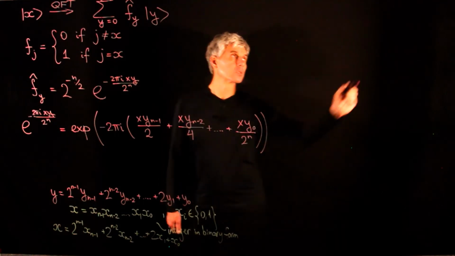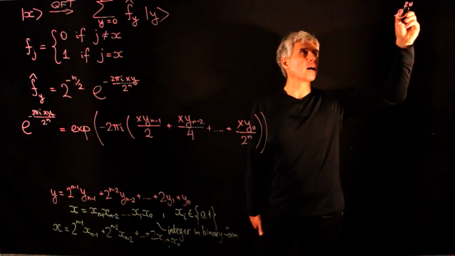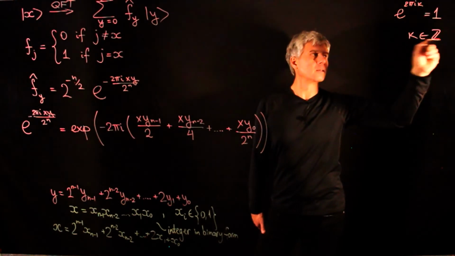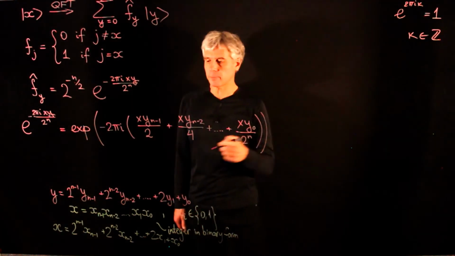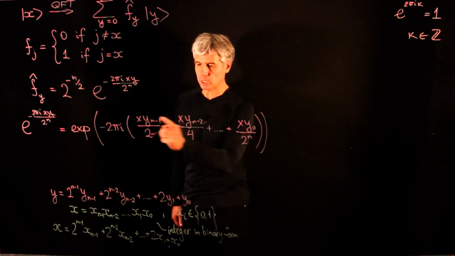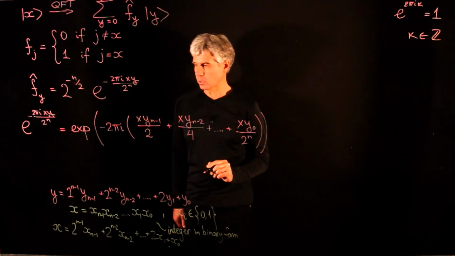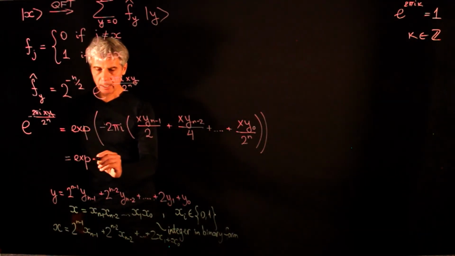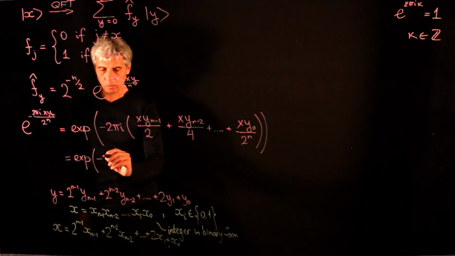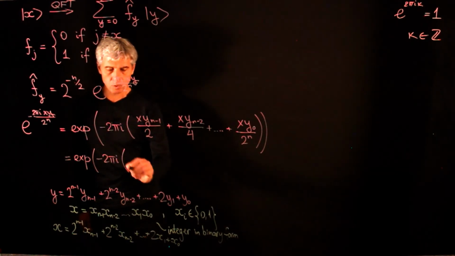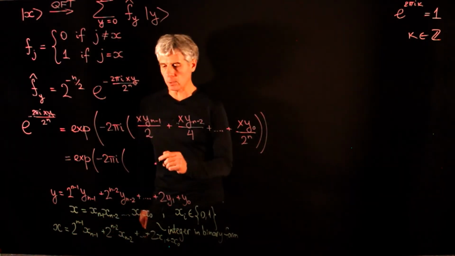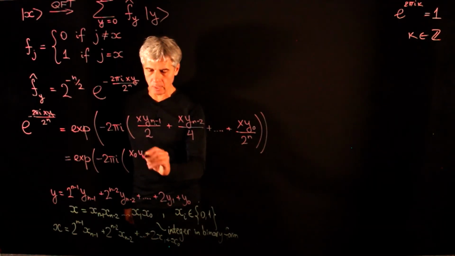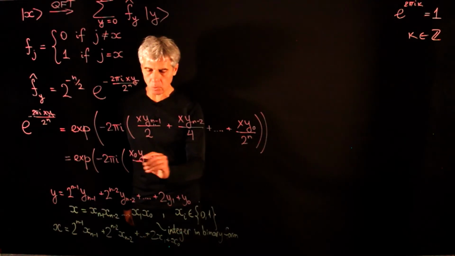So e^(2πik) is equal to 1 if k is an integer. This means that we're only interested in the fractional expressions that appear here. So from the first term, we will only be interested in x_0 y_(n-1) over 2.